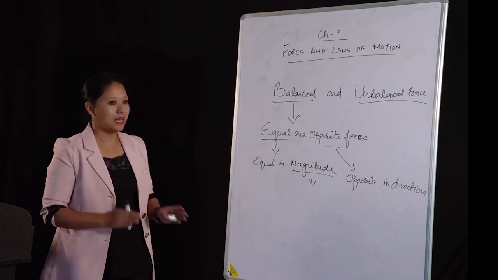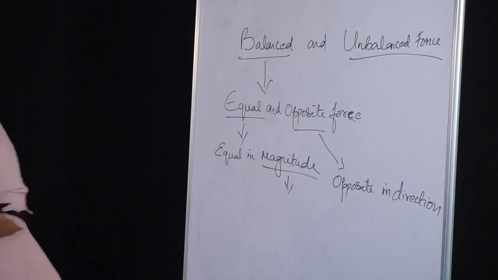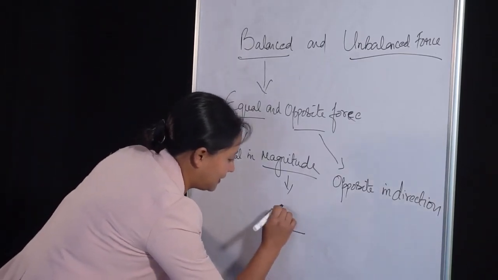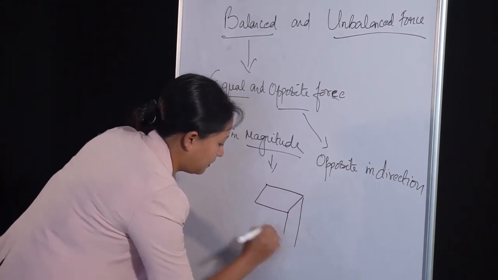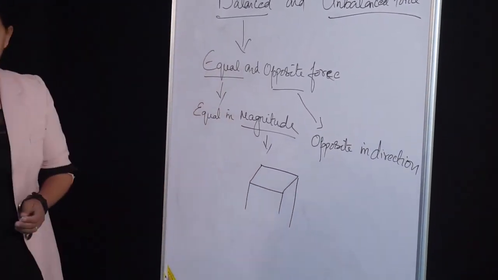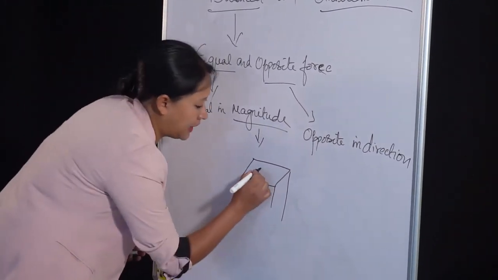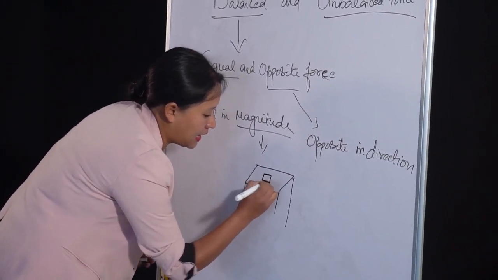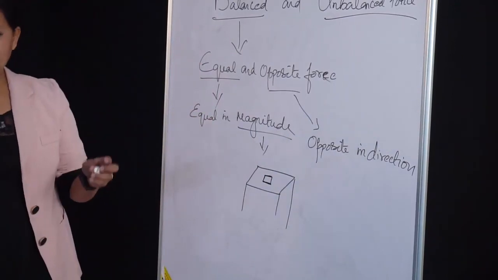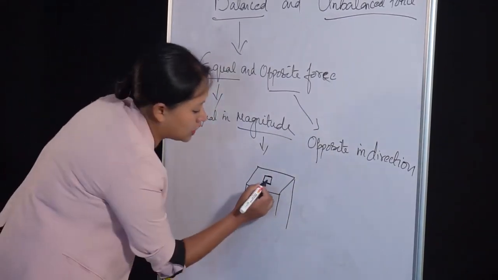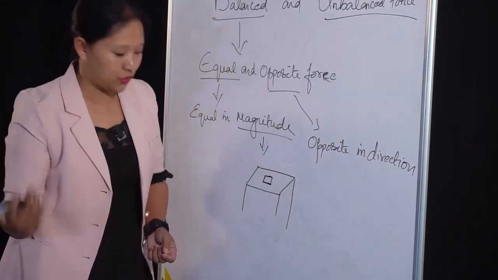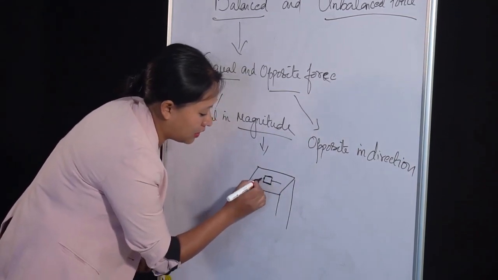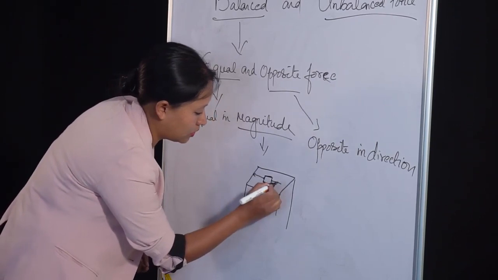So let me give you another example. For example, one table is here. A wooden block is placed on this table, and on both ends of this wooden block, a string or a thread is tied, on this side and in this direction also.